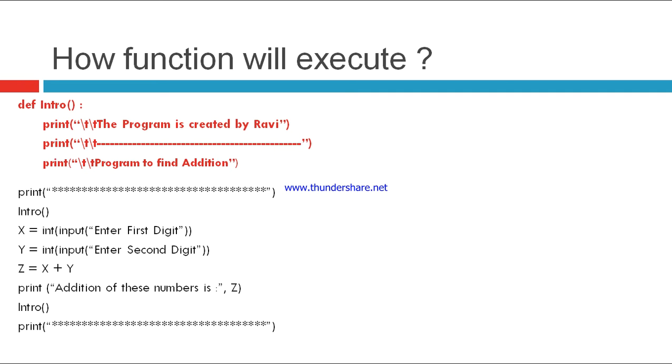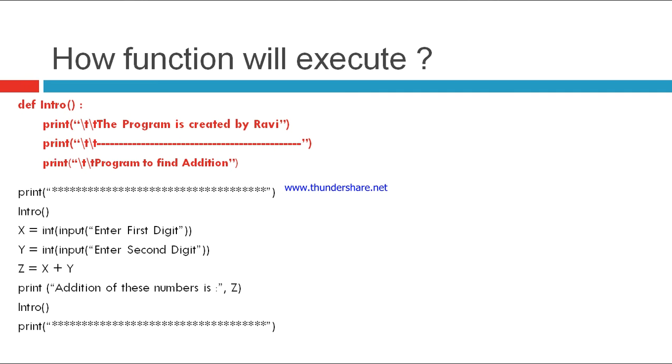So here, just check this program. The first line of this program is def intro, and after that 3 lines are there in an indentation level. So we can say these 3 lines are inside the intro function. Then if we see the 4th line, check the indentation.